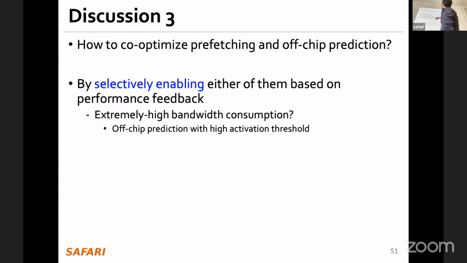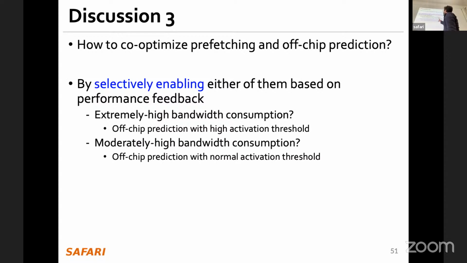Let's say your system's bandwidth is extremely limited. If that's the case, then let's have the off-chip prediction with a very high activation threshold, so that whenever a prediction is made, it would be extremely accurate. But if we see that it's a moderately high bandwidth consumption, not extremely high, then I can let off-chip prediction go with some normal activation thresholds. You don't have to be extremely accurate for that, but you can go through.